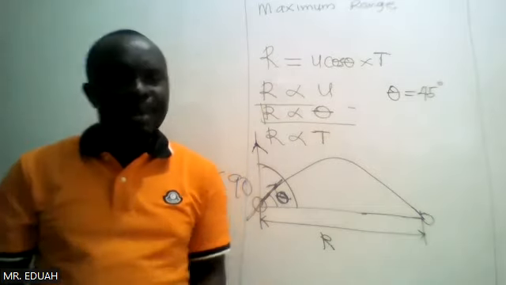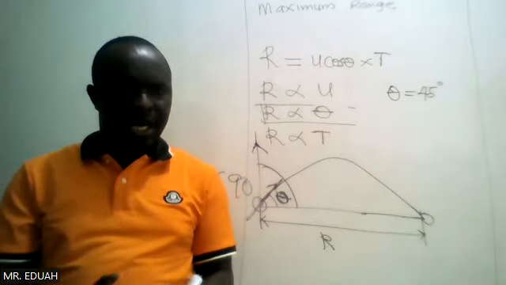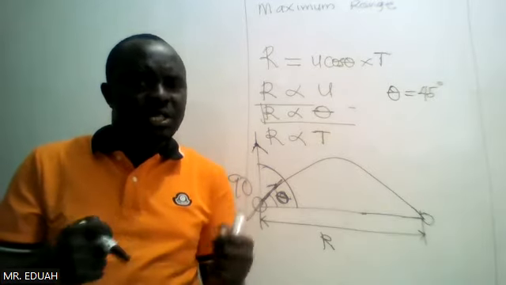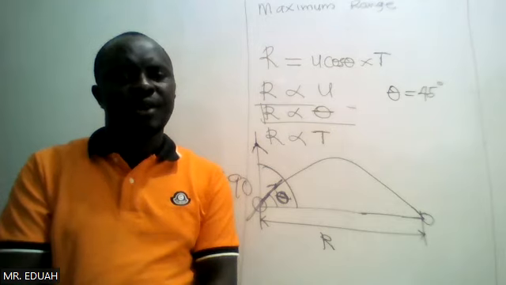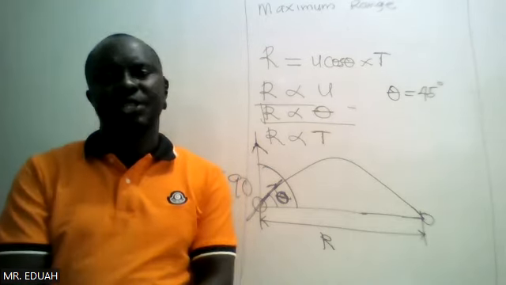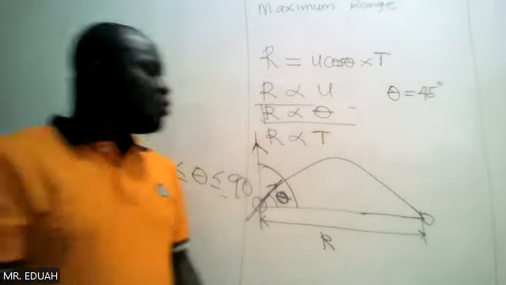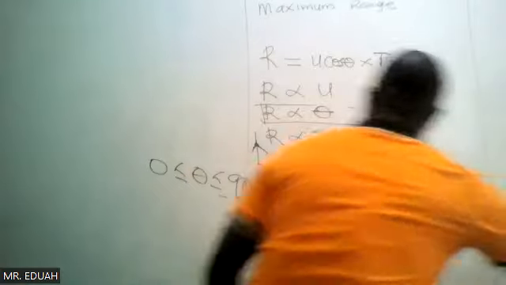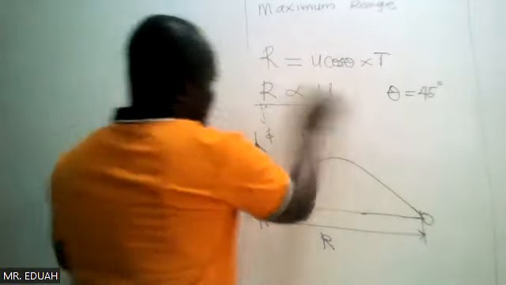Now, experiments and theory have proven that we have maximum horizontal distance when the angle of inclination theta is equal to 45 degrees. So we obtain the maximum range when theta is equal to 45 degrees.